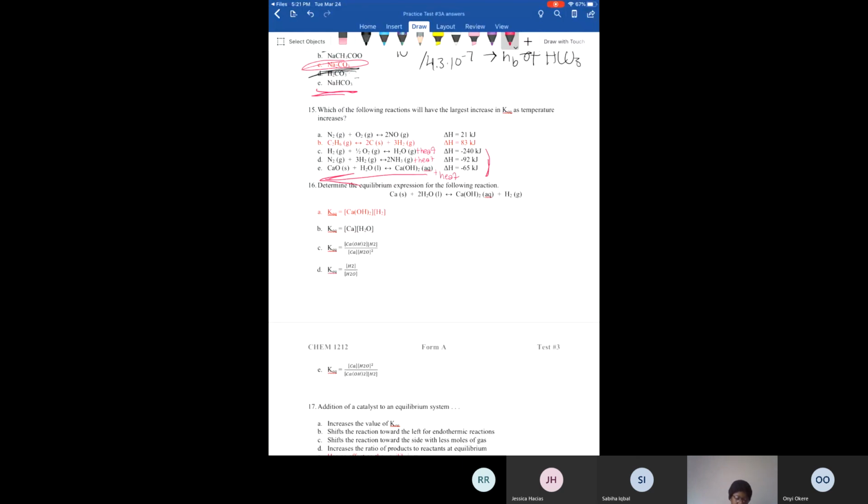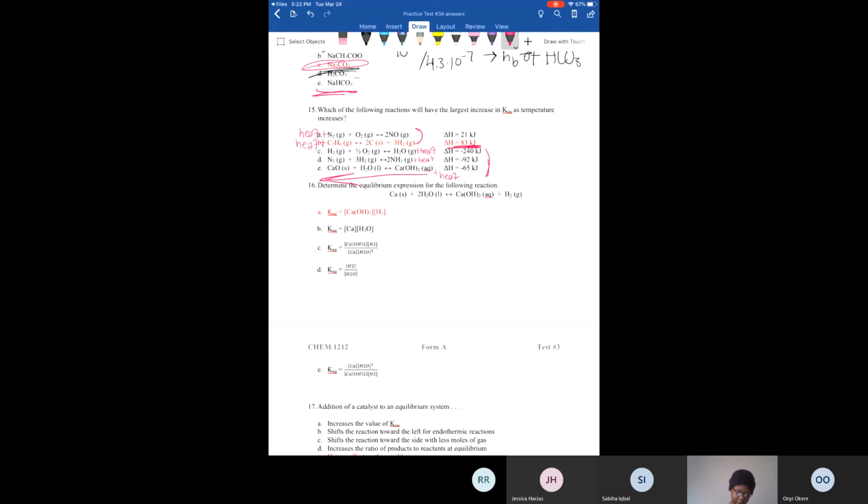Whereas for these two, heat is a reactant. And you also want to pay attention to which one is the most endothermic. So B is the most endothermic, so it's going to have the greatest impact when you add heat. That makes sense.